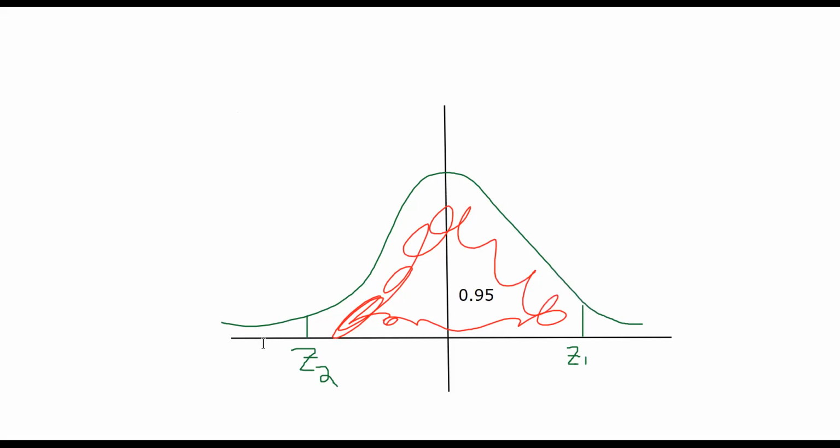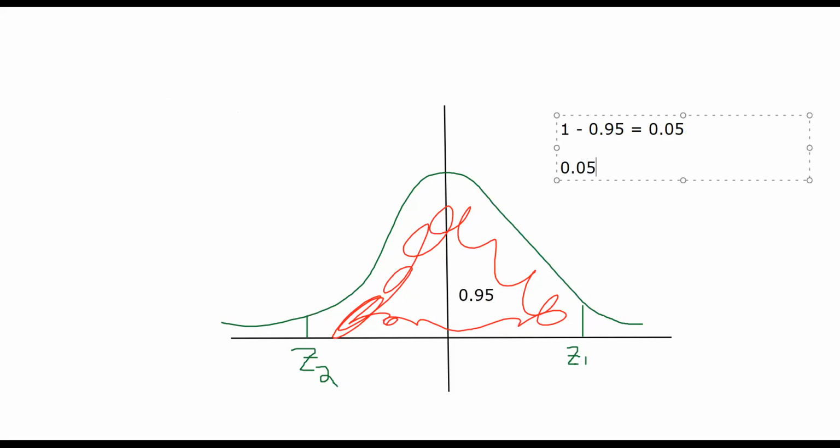But we're always thinking about things in terms of tails. So if 0.95 of the data is in the middle there, then 1 minus 0.95 is 0.05. That leaves 0.05 to go in this tail and this tail. They get an equal claim to it.